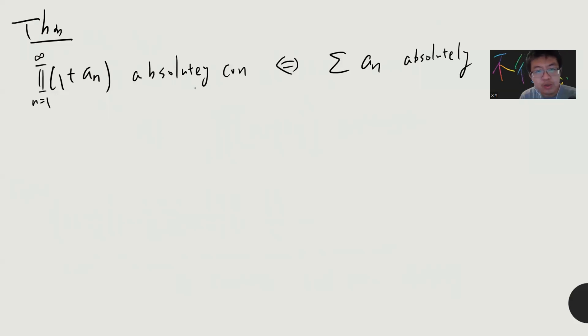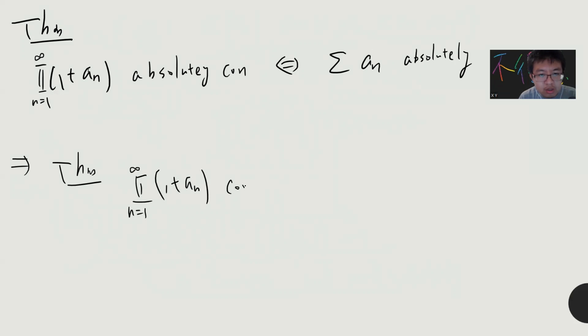This is almost trivial because we previously proved it for an greater than 0. Then you just take the absolute value, so this is trivial. But now we compare using this, and we get this theorem: the product of 1 plus an converges if the summation of an converges absolutely.